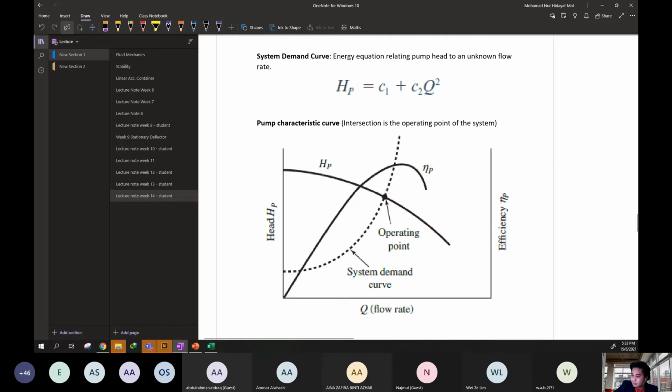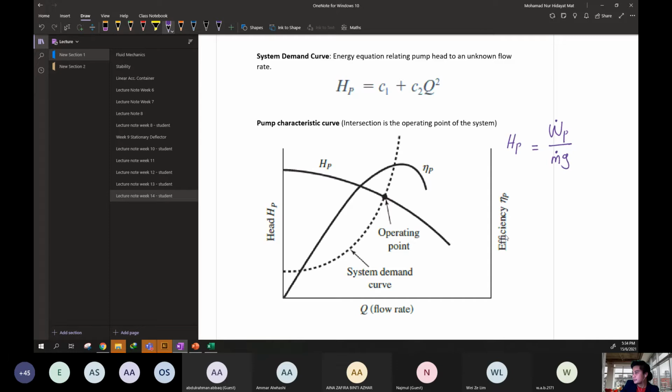The primary axis is the head of pump. The secondary axis is the efficiency of the pump. Do you remember the formula of the head of the pump? It is the work rate of the pump over mass flow rate times gravity.